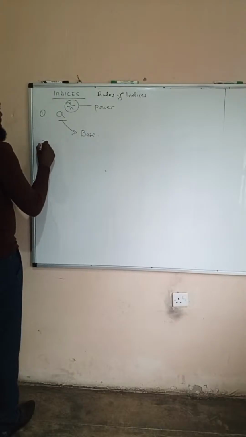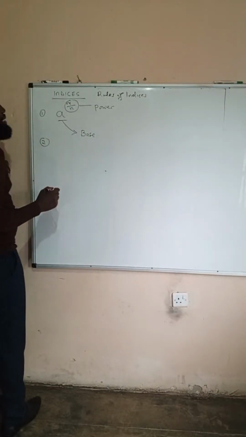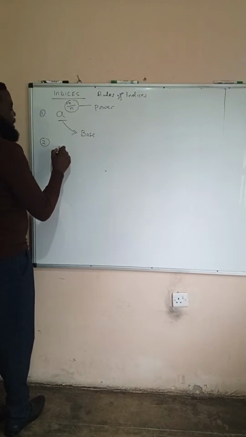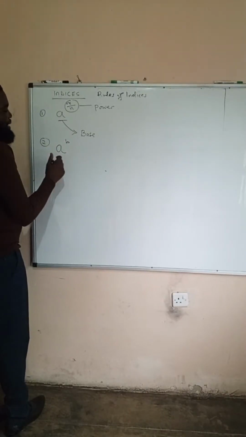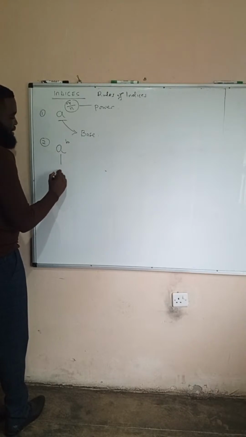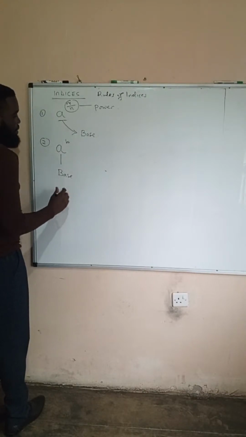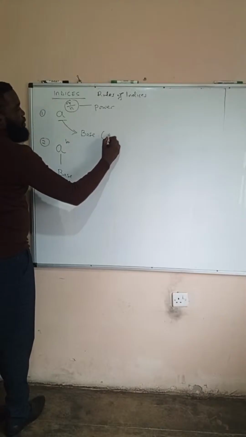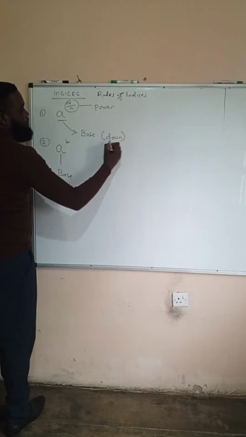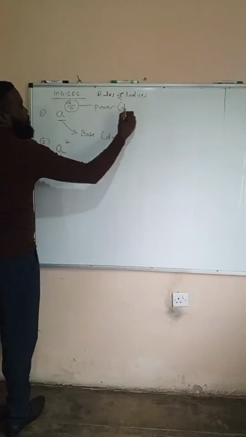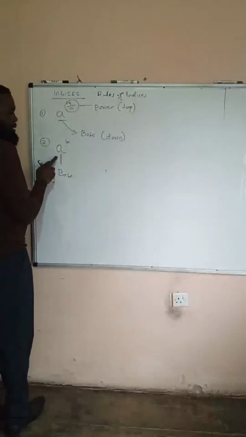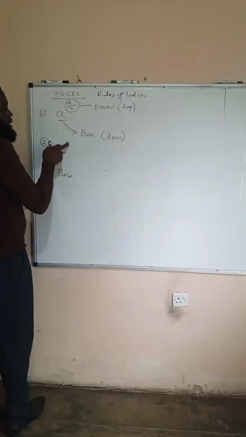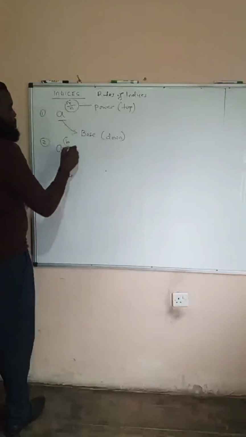So even if I write something like a to the power b, a is the base because it is down. The base is always down, the power is on top.